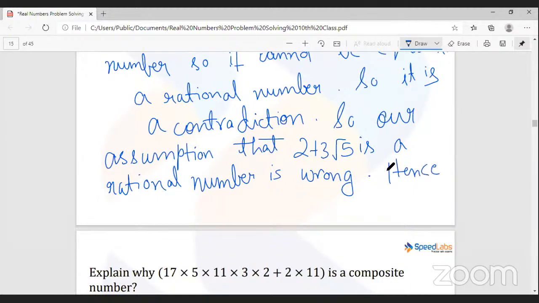Hence 2 plus 3 root 5 is an irrational number.